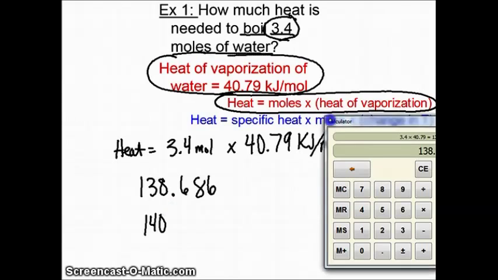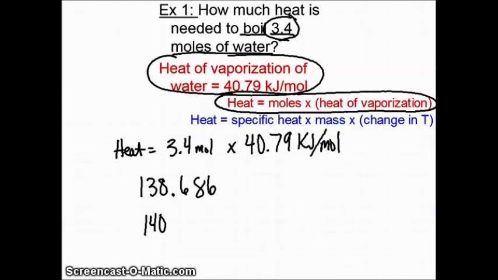And in our units here, the moles will cancel each other out, so this will just leave us with kilojoules. So that would be our answer right there: 140 kilojoules of heat is needed to boil this water.